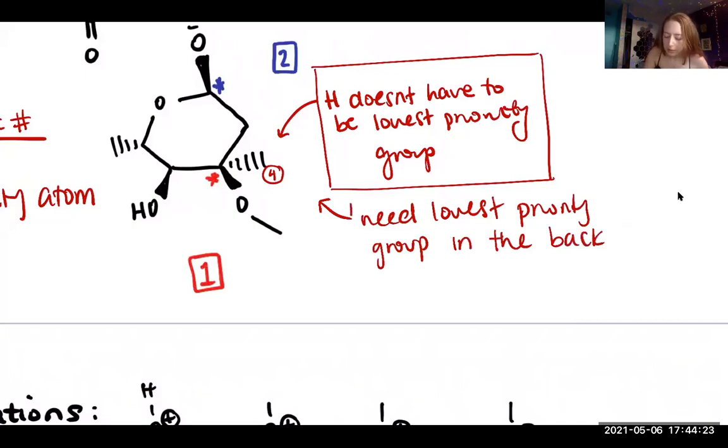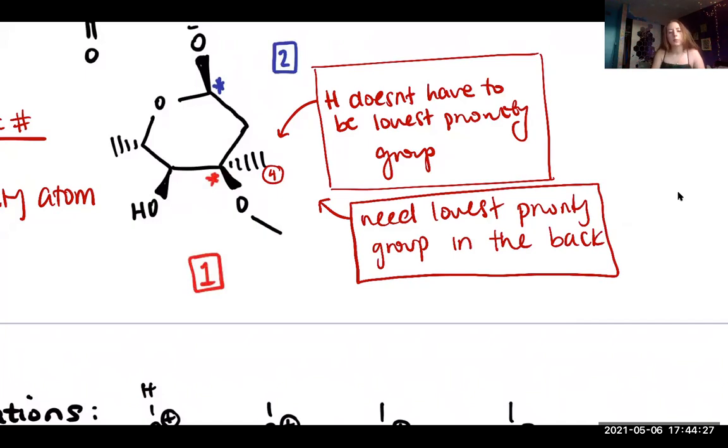And what if it's not in the back? What do we do? We're going to solve our question like normal. And then what do we do at the end if our lowest priority group is wedged instead of dashed? If it's in the front instead of in the back, we flip.